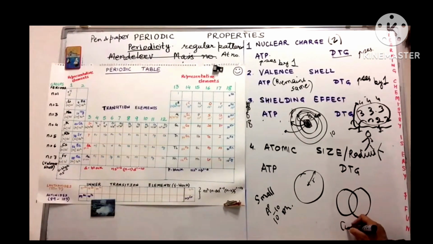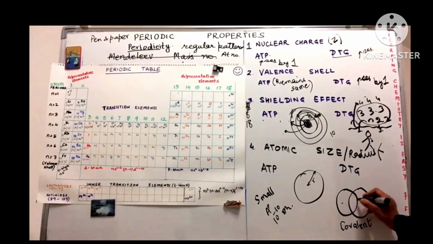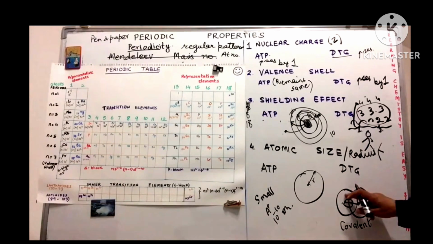First, covalent radius. Very simple. You have two atoms which are covalently bonded with each other. You take the distance of their nuclei, halve it, and this half is what we call the covalent radius of similar atoms which have undergone covalent bonding.